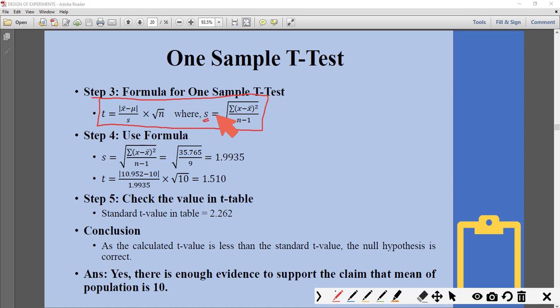So s is equal to what? Just now I told you, s is equal to square root of sigma square, right? Sigma is used for population. For sample we use s square. Okay, sigma is used for population, s is used for sample.